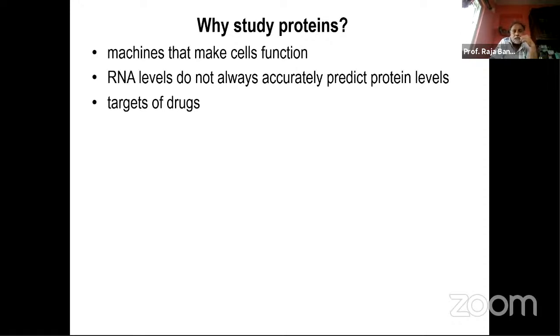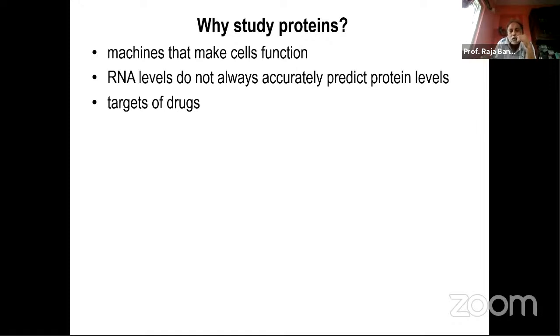The next question is why we look for proteins. Because basically that was the reason why nature is taking the codon degeneracy, not the amino acid. If we consider the function of the cell, the proteins are mainly the machines for making the cell function.